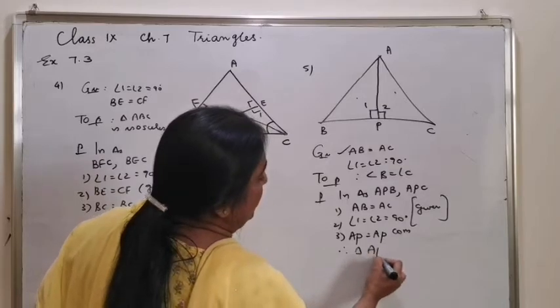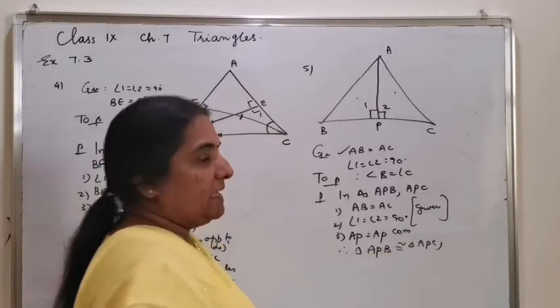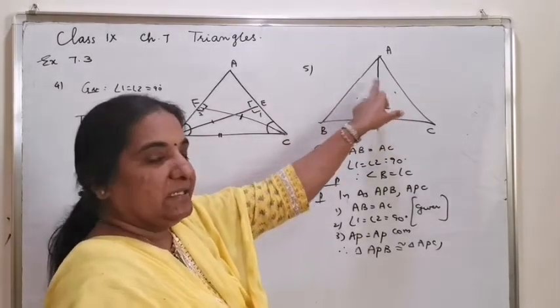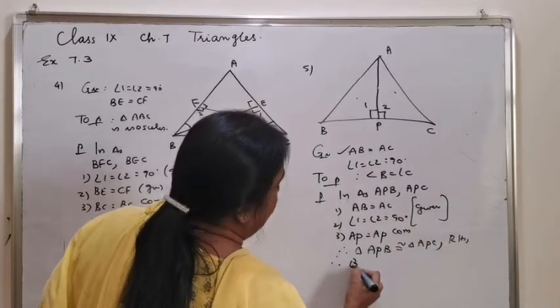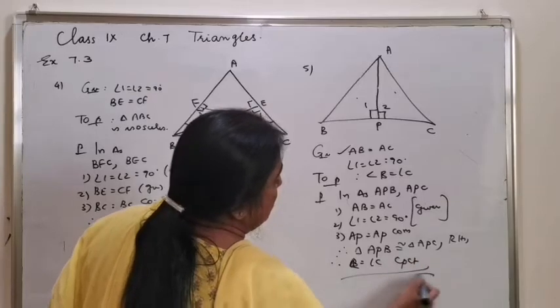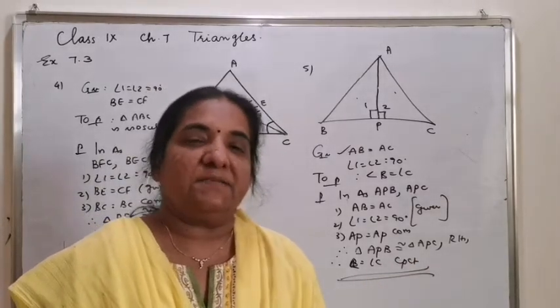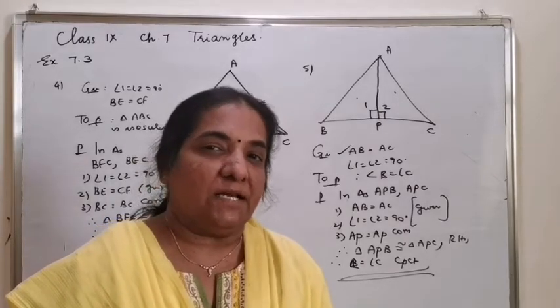Therefore, triangle APB is congruent to triangle APC. Again, right angle, hypotenuse, side by RHS. Therefore, angle B equal to angle C as corresponding parts of congruent triangles. Thus, the exercise based on the congruence of triangles is over.